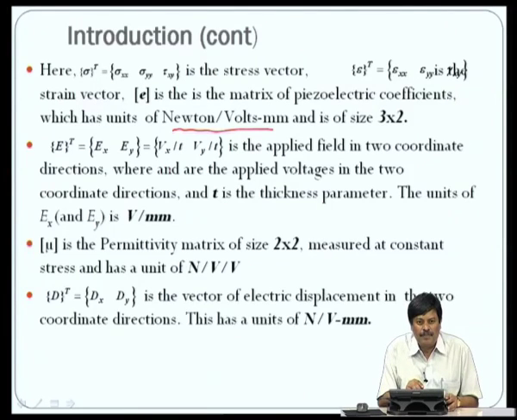The electric field has the unit of volt per millimeter because it is V/T, with T the thickness in millimeters. Mu is the permittivity matrix of size 2x2, measured at constant stress. D is the vector of electrical displacement, which has a unit of Newton per volt millimeter.